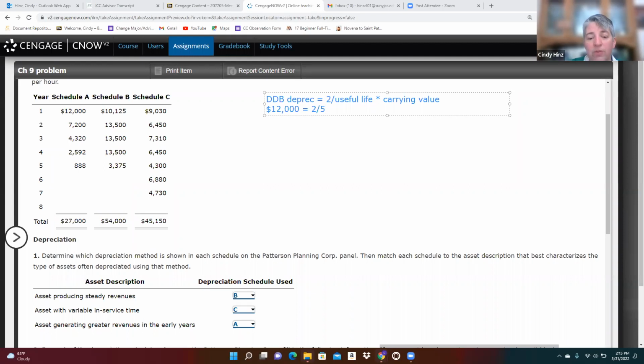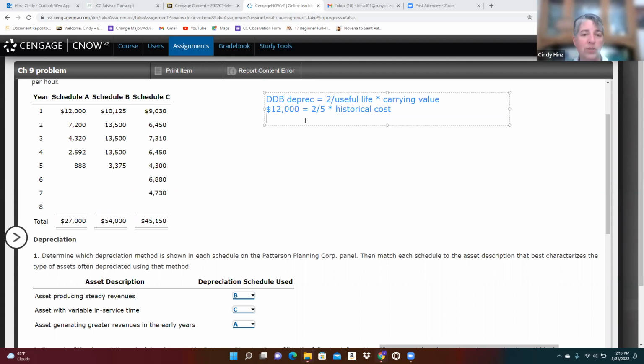And so the useful life would be 5 years, but we don't know the original cost. For double declining balance in the first year, when we haven't reported any depreciation yet, the carrying value is equivalent to the historical cost. So since this is year 1, I can make that substitution.